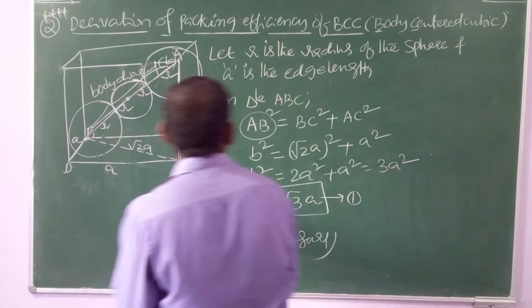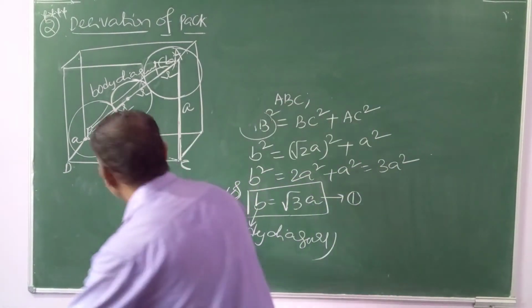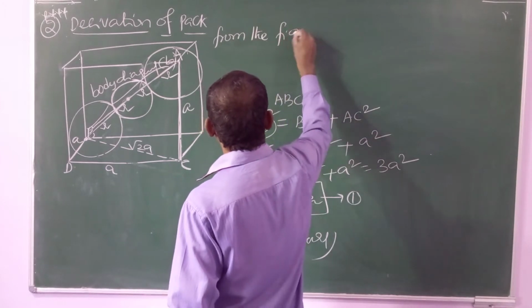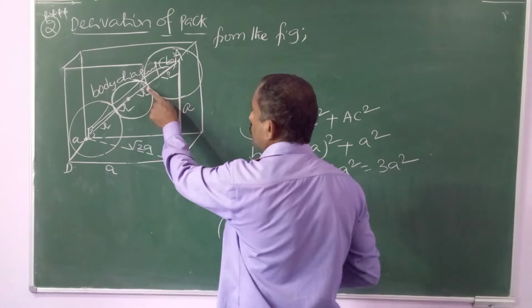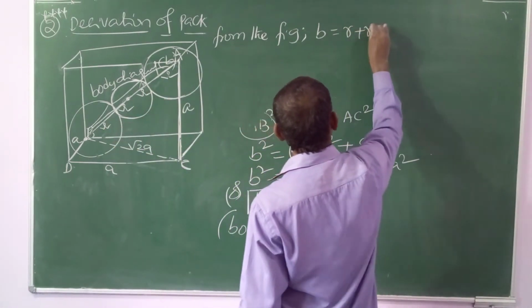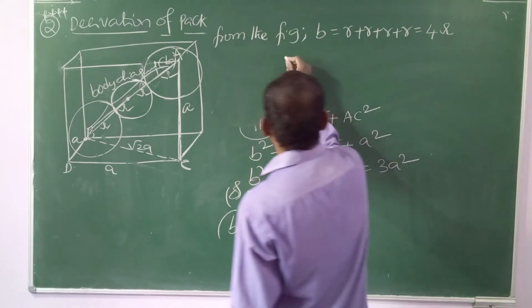Now again from the diagram or figure, this B value equals how many R's? 4 R's. 1, 2, 3, 4. So from the figure B equals R plus R plus R plus R, that equals 4R.